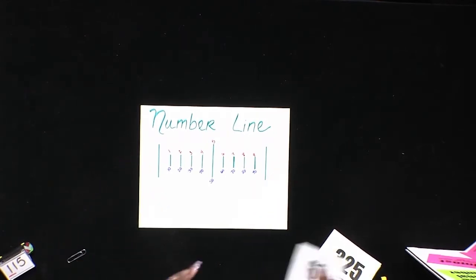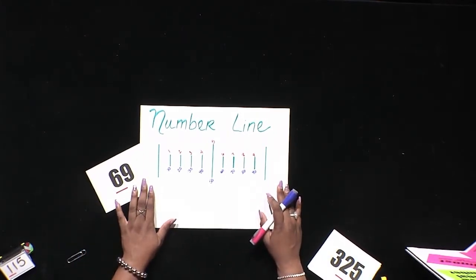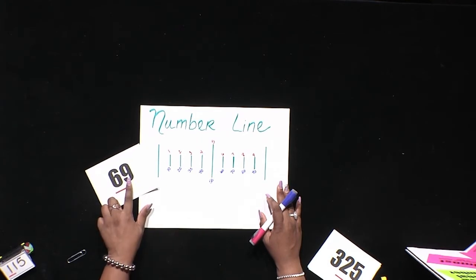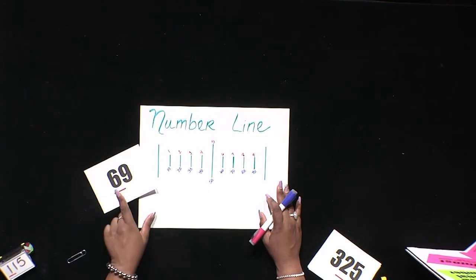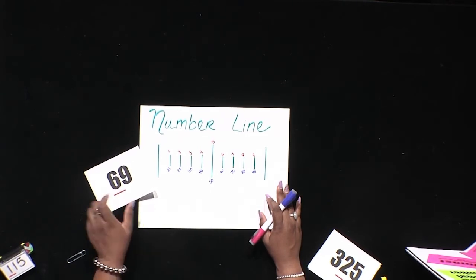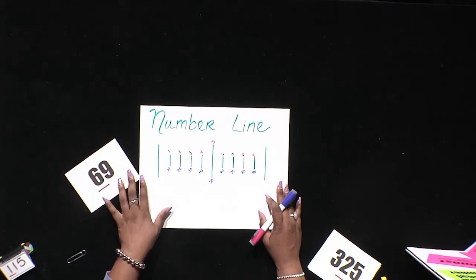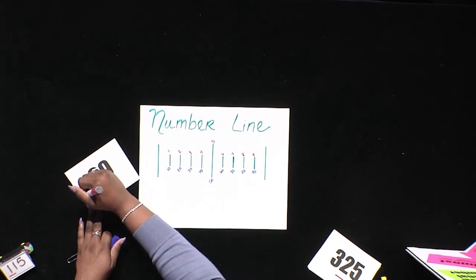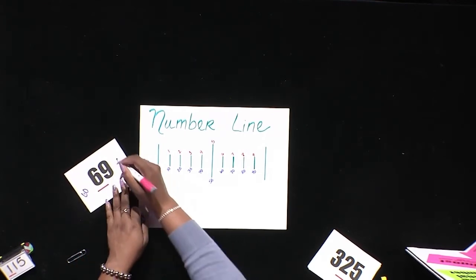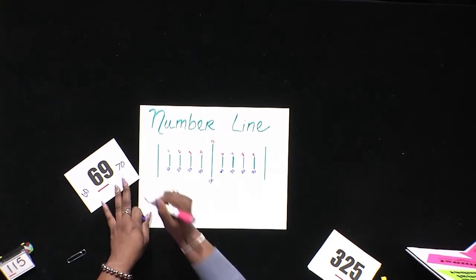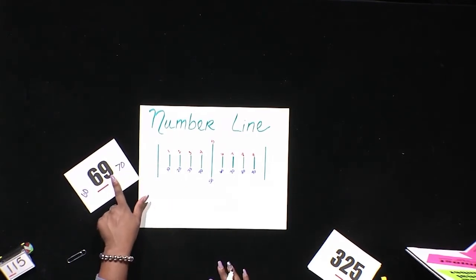Let's look at some numbers. Here I have 69. What do you hear? 60. So that's my tens place. So tell me, what's my range? 60. And what else? 70. Good. Now, 9.